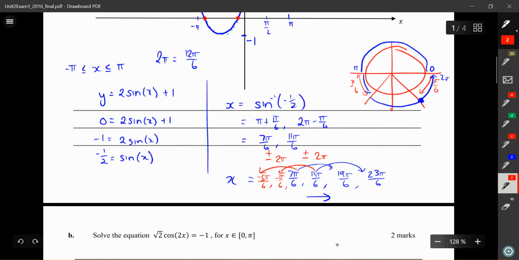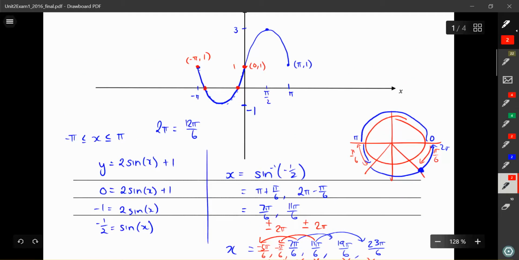Now these two fit in the domain. See, -5 on 6 is not even equal to 1 yet, because 5 on 6 is not equal to 1, and 1 on 6 is also not equal to 1, so it makes sense that these two are my solutions and these don't fit. Okay, and it makes sense in the graph, I only had 2 points of intersection, so this had to be -5 pi on 6 when y is 0, and this other coordinate should be -pi on 6 when y is 0.